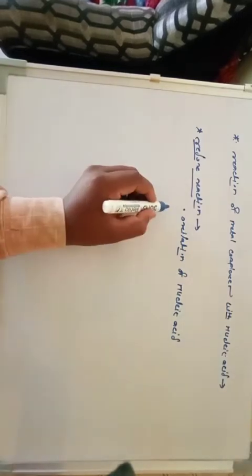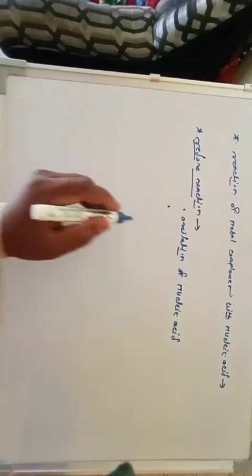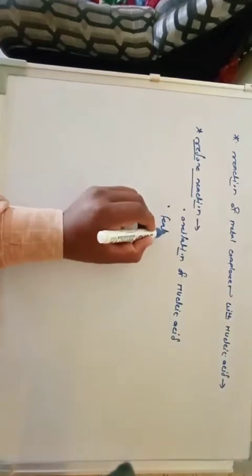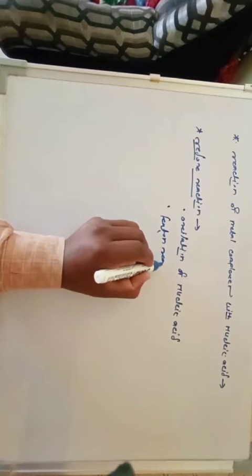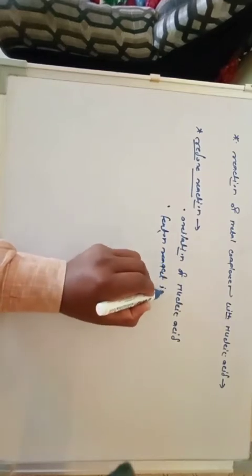For that purpose, a Fenton reagent is used. For the redox reaction or the cleavage of this DNA fragment, a Fenton reagent is used. So what is this Fenton reagent?